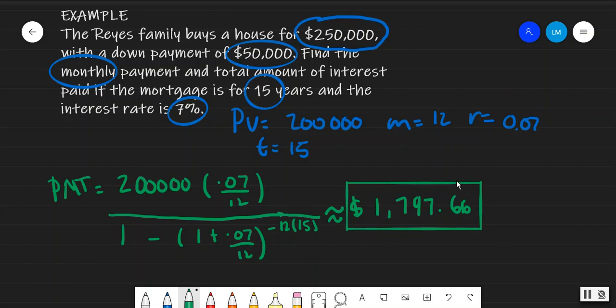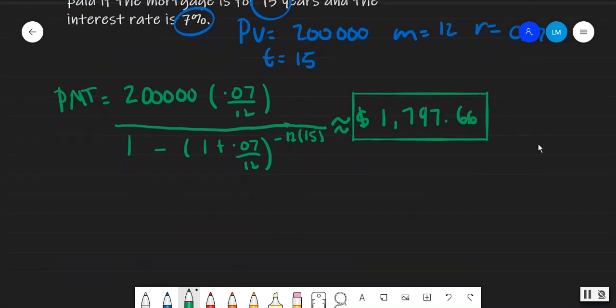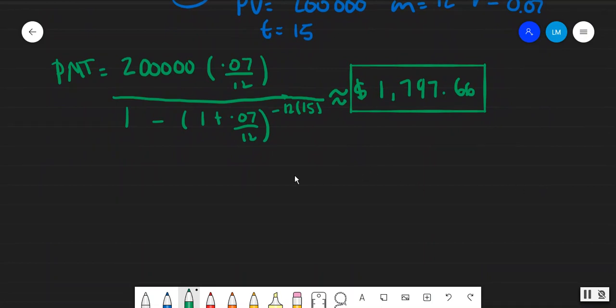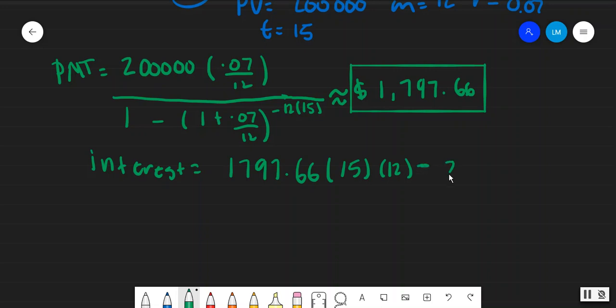The question wants to know how much was paid back in interest. So we take the payment amount, 1,797.66, multiply that by 15 and 12, and subtract 200,000.